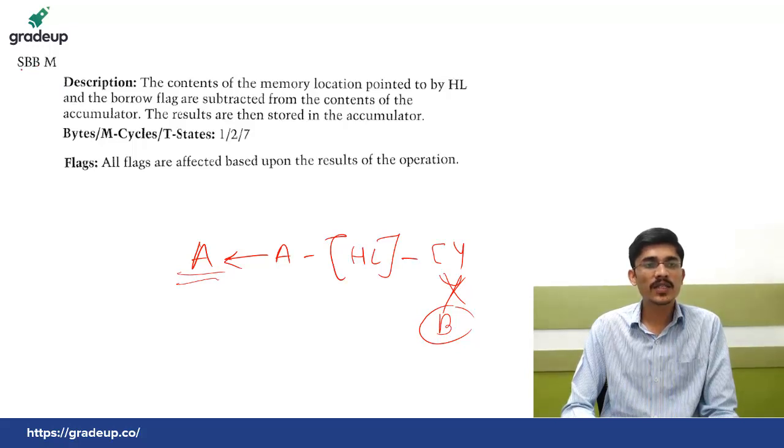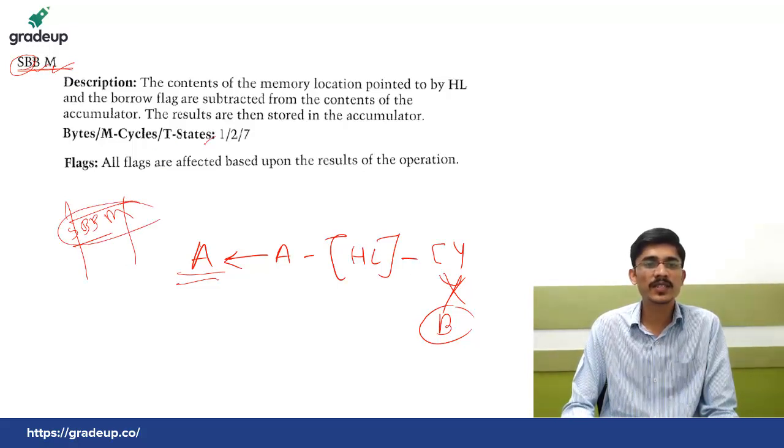See guys, from the instruction itself you can understand what is going to happen, so don't worry about so many instructions. Just remember that M indicates the memory location pointed by the HL pair, the extra B indicates the borrow, and S indicates the subtraction. Once you understand what it means, you can also calculate how many bytes the instruction is, because you can easily write SBB M in a single memory location.